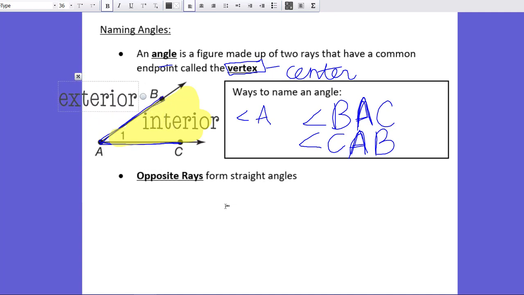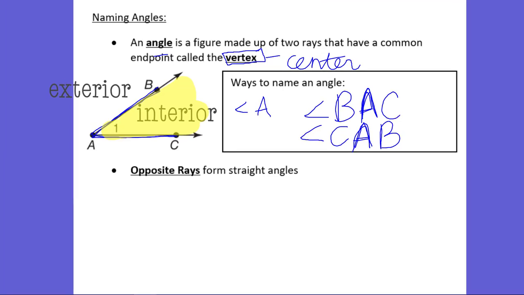If you see a number in the interior of your angle, you can also use that number to name the angle. So that could be angle 1. So I can name that specific angle 4 different ways. And just like we talked about, opposite rays form a straight angle when they're stuck together, when their common endpoint is stuck together.